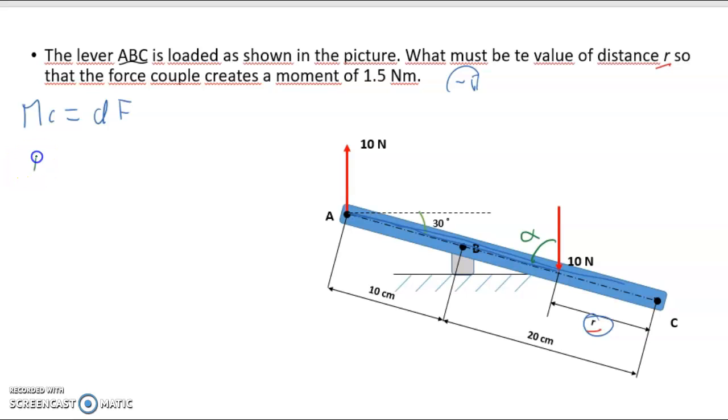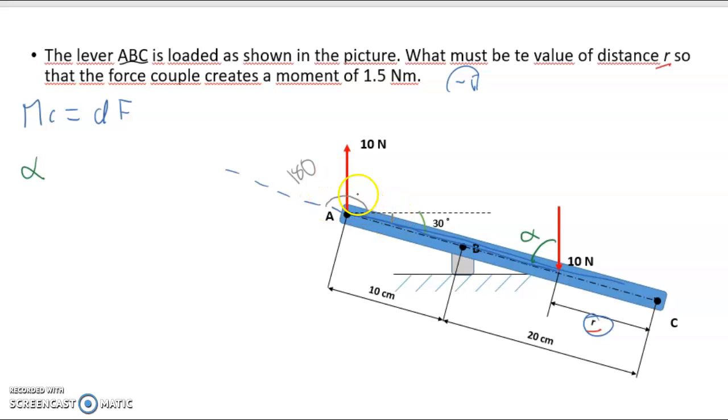How can we find the value of alpha, which is the one that we use to decompose? Well, if we extend the line of the lever, we will see that this full angle is going to be 180. From this full angle we have two elements.